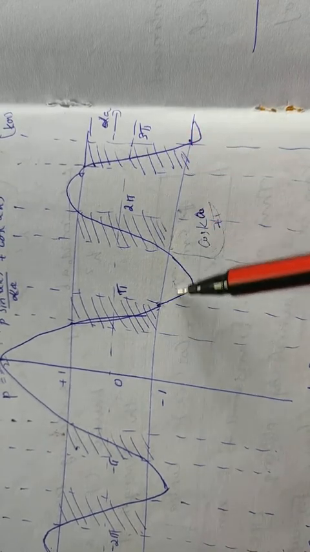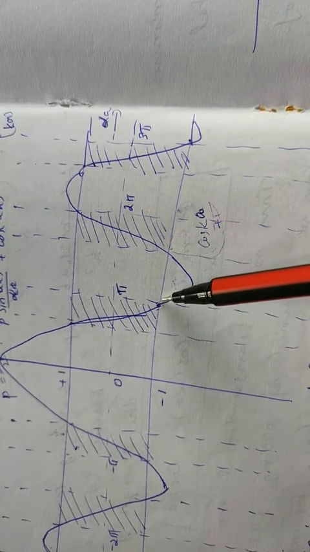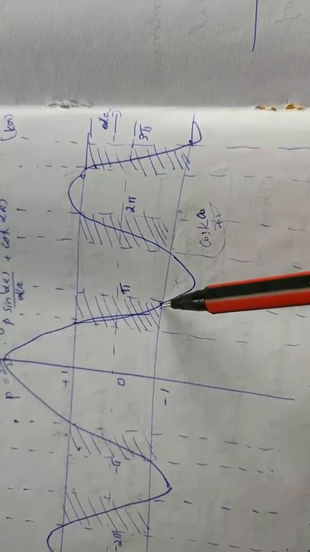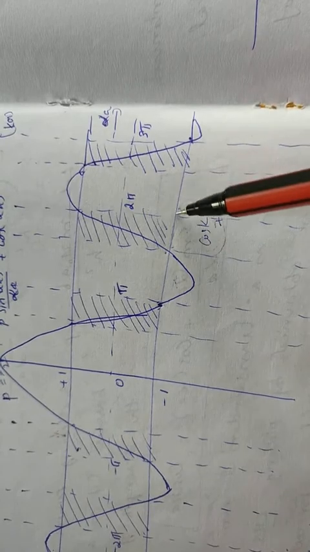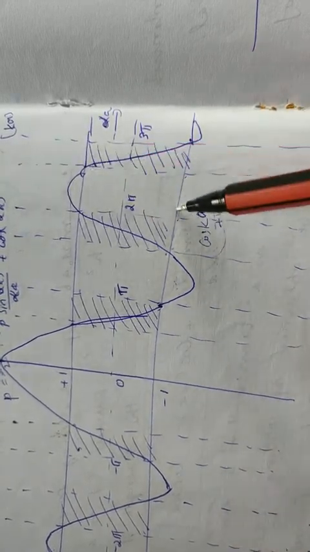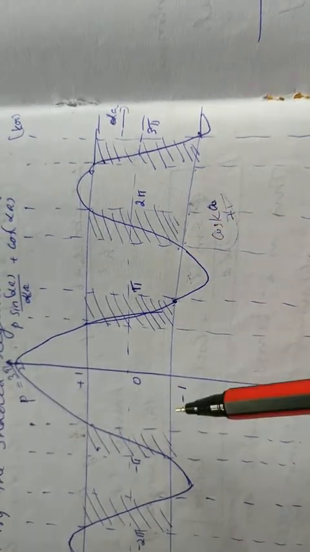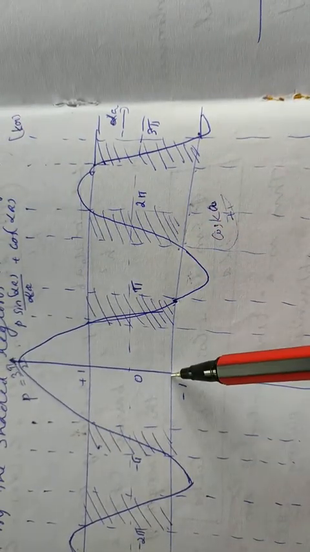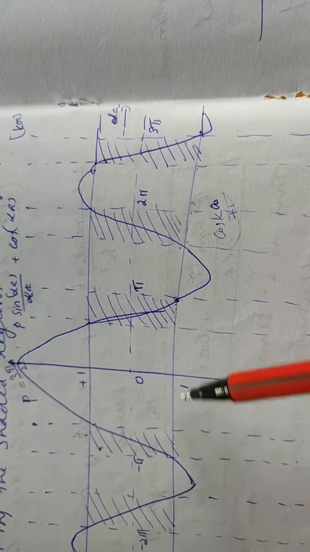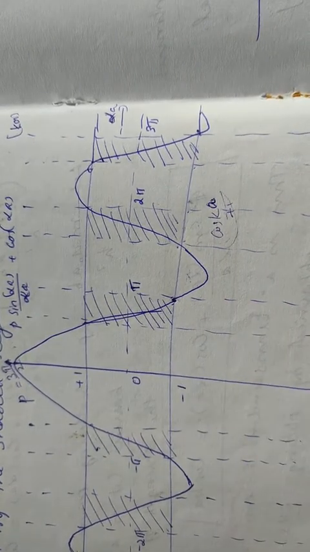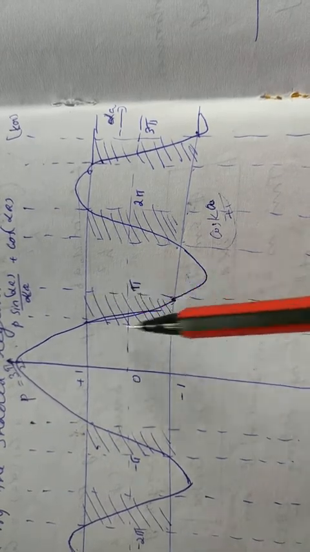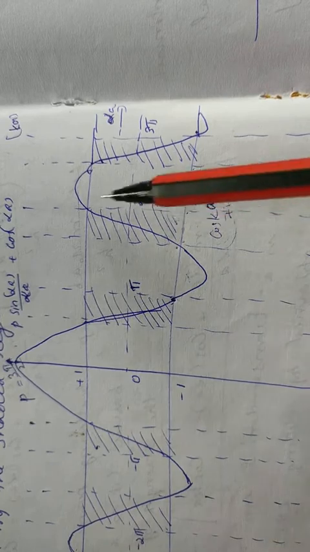The regions lying outside the boundaries, from here to here and from here to here, and similarly on the left side, from here to here and from here to here, are outside the boundary. So these regions are forbidden regions, and only the region lying inside the boundary gives allowed energy.